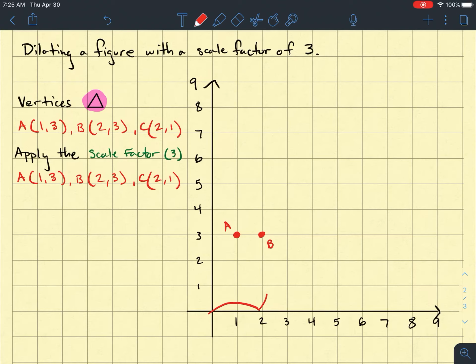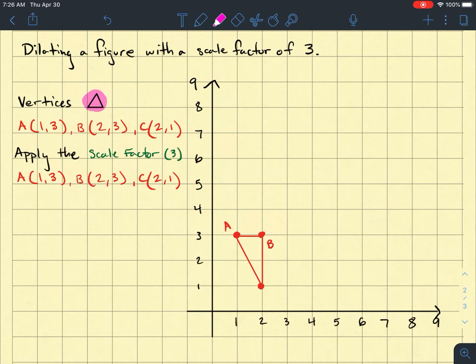And C is at 2 and 1. So let's connect these, and now we have our triangle. The scale factor is 3.